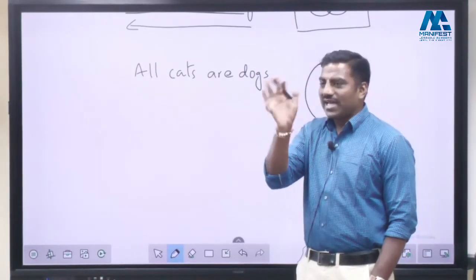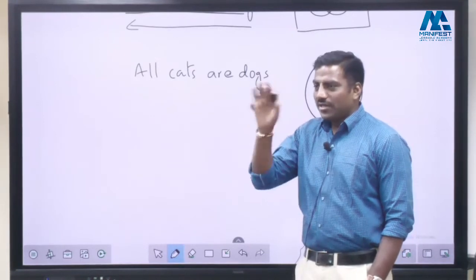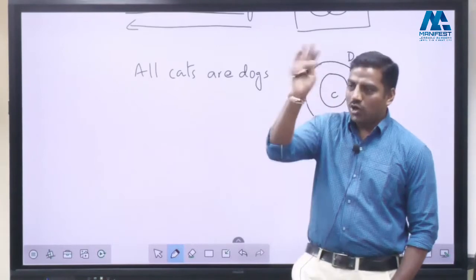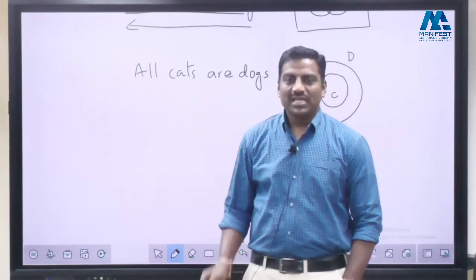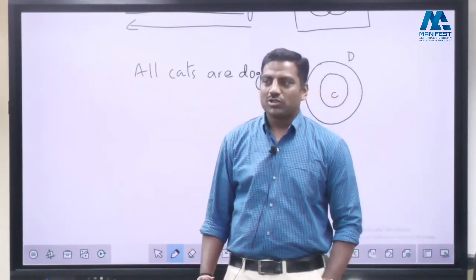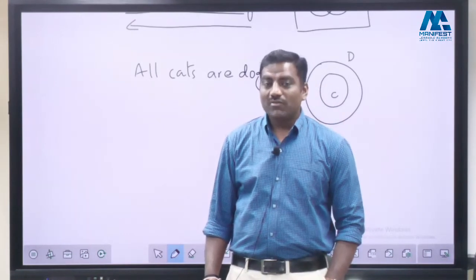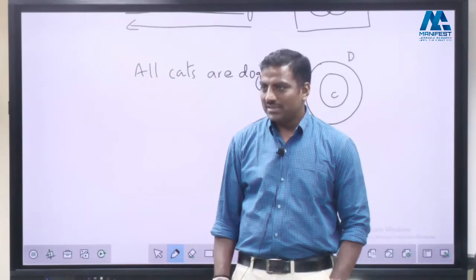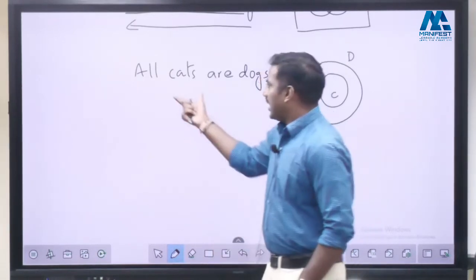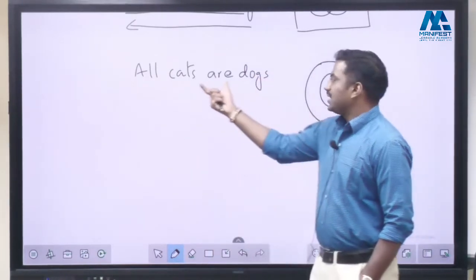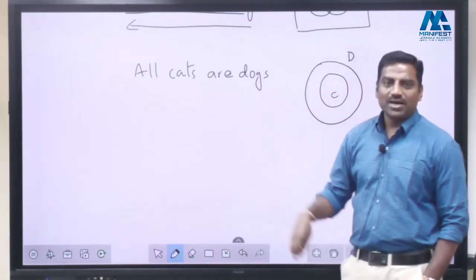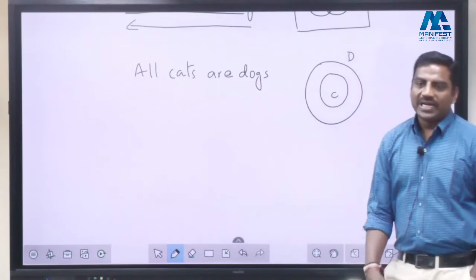Don't get confused by the diagram. When I say all cats are dogs, in the reverse way, can you say all dogs are cats? There will be some dogs which are not cats. So, while writing this sentence, take the first entity as the inner circle and the second entity as the outer circle. That is the way of writing it.